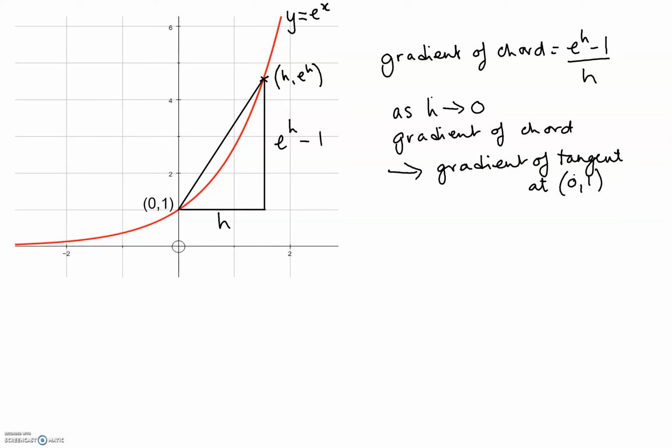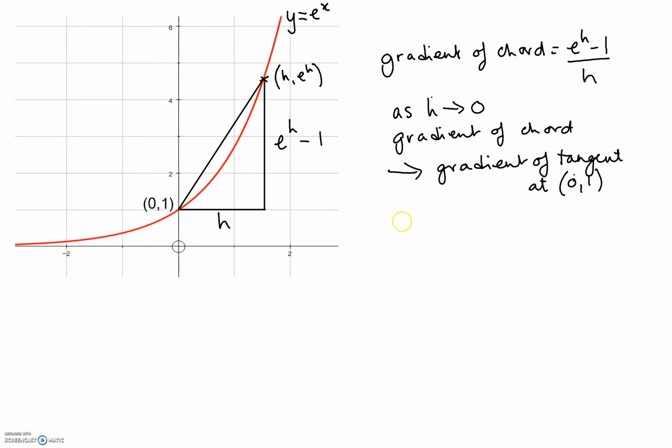Now we know that the gradient of the graph y equals e to the x at the point 0, 1 is actually 1, and that was on the worksheet that I sent you today, on Tuesday, so that you could look at the graph y equals e to the x, and one of the properties of that graph is it has a gradient at 0, 1 of 1.